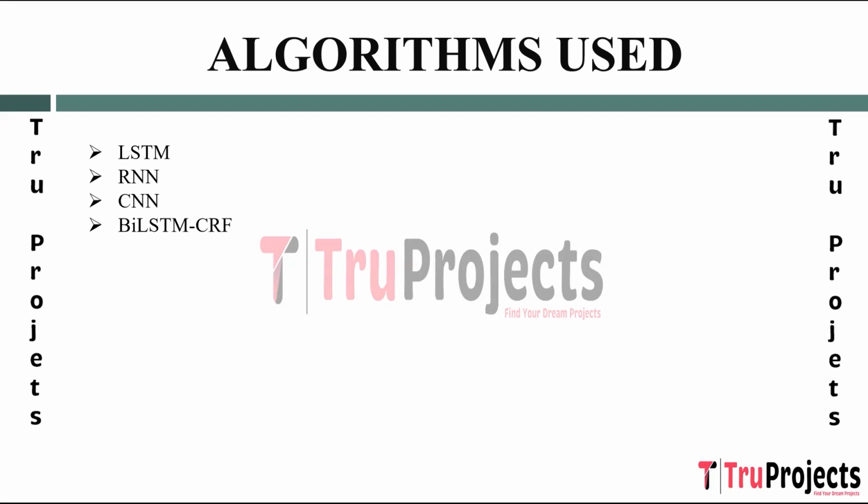CRF, conditional random field, is used to model the dependencies between labels in sequential data and ensure the coherence of predicted sequences. In the project, bi-LSTM CRF is applied for sequence labeling tasks such as named entity recognition, NER, or sentiment analysis, where the goal is to predict a sequence of sentiment labels for each input text.